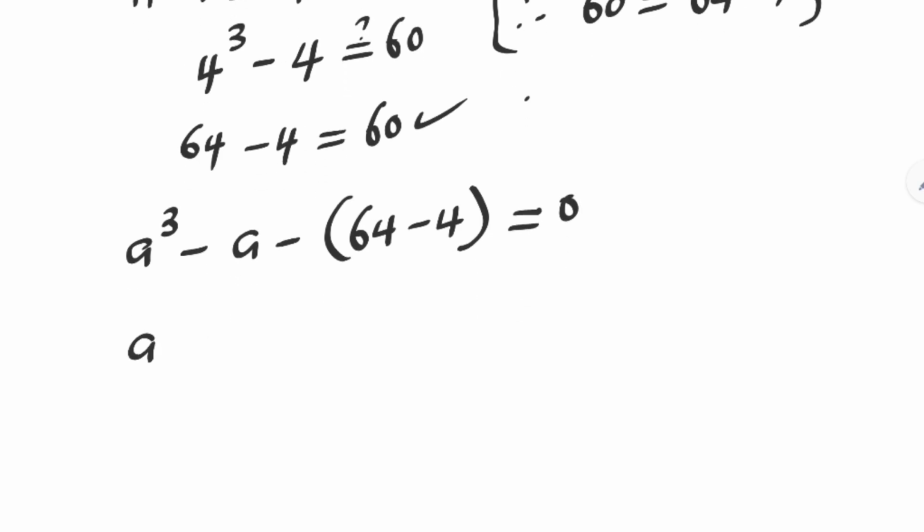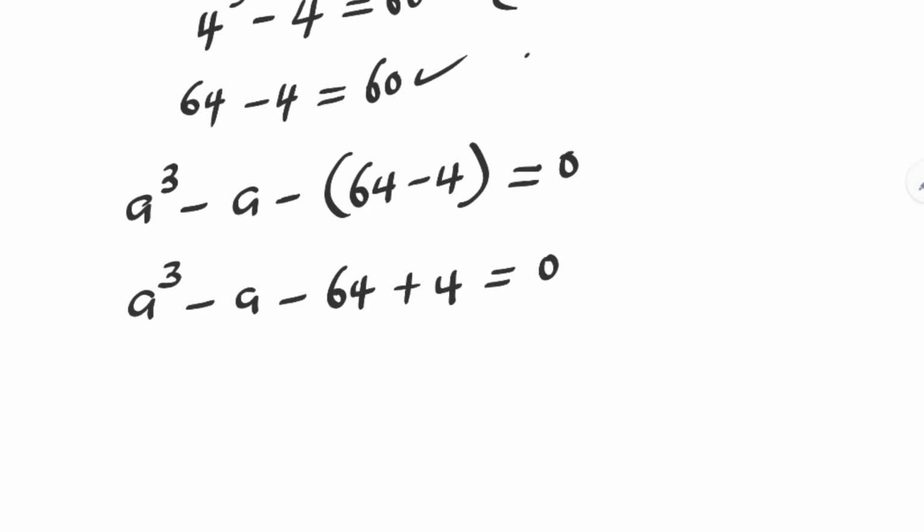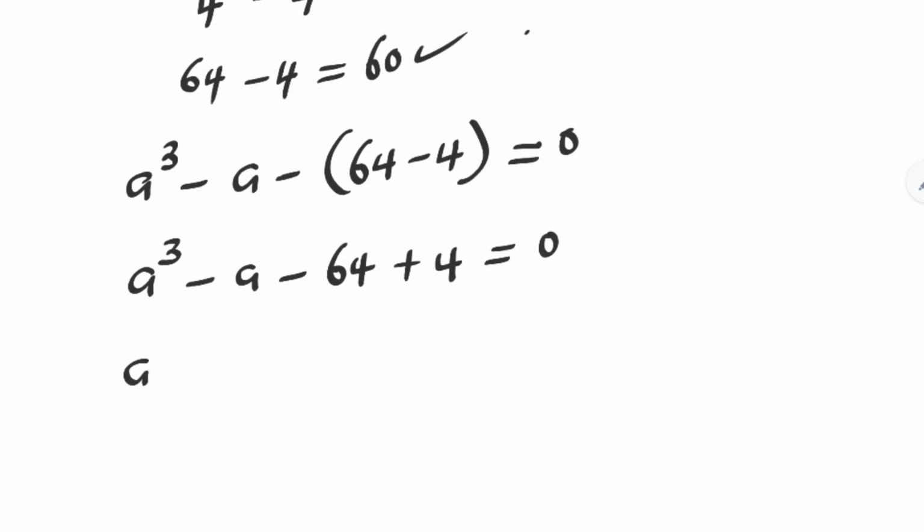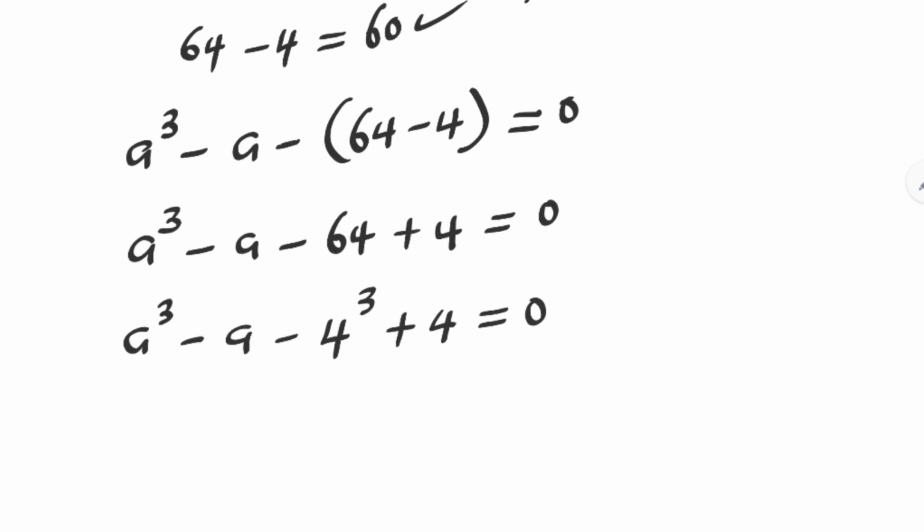Then this is a raised to power 3 minus a minus 64 plus 4 is equal to 0, where 64 can be written as 4 raised to power 3, plus 4 is equal to 0.